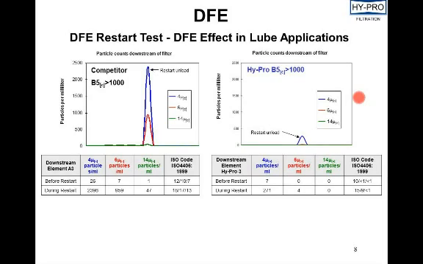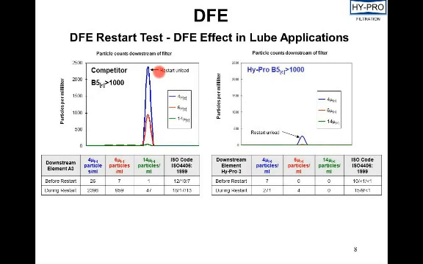So in this case, we're not injecting any more dirt. We're only counting particles that came out of the filter element when we went from 0 to 100% of max rated flow. And if you weren't testing for something like this, you may not even know that it happens, and you certainly wouldn't know what to do about it.